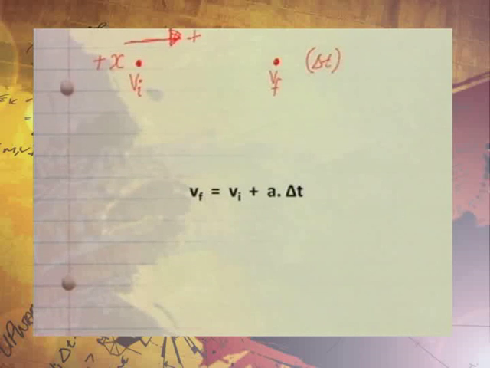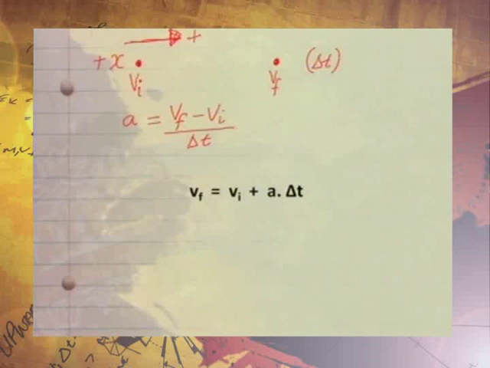Okay, now we can say acceleration, which is a, can be found here. The acceleration of the object would be found by v final minus v initial divided by the change in time.